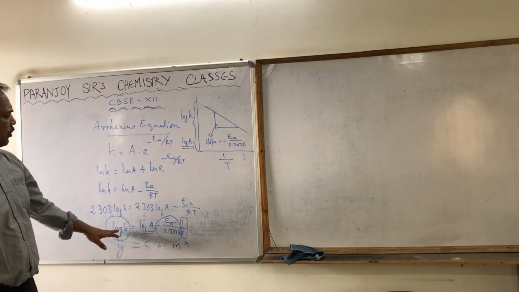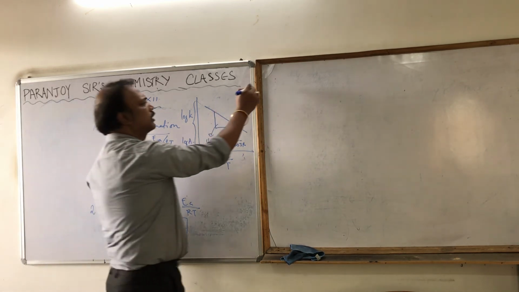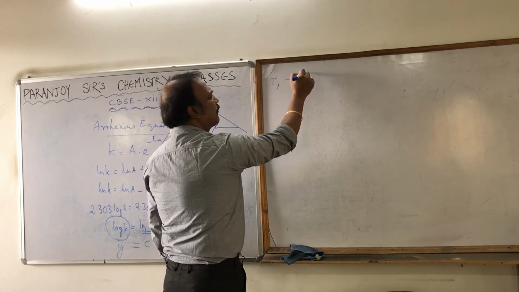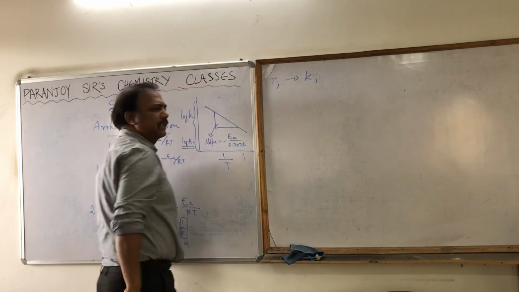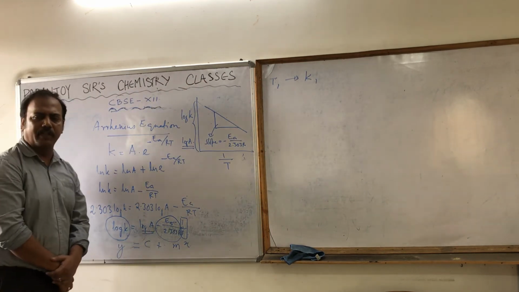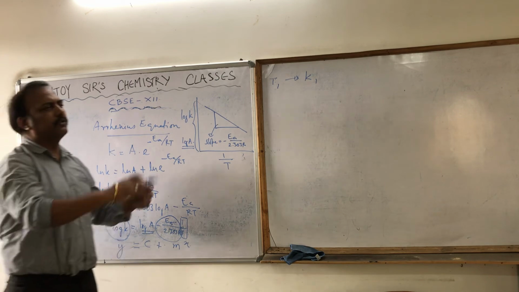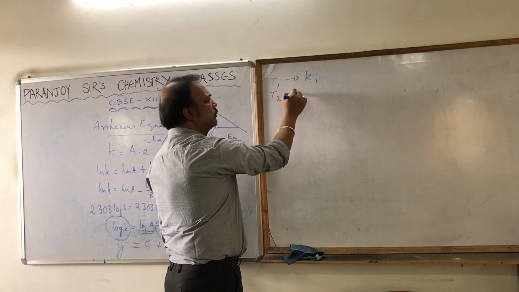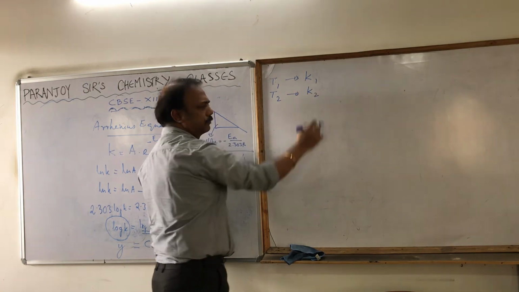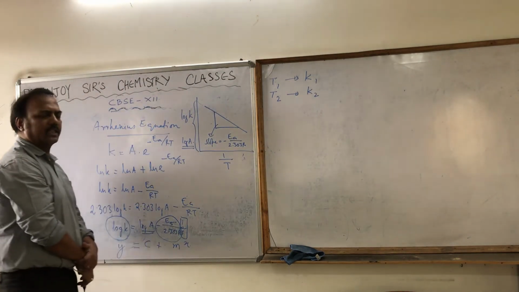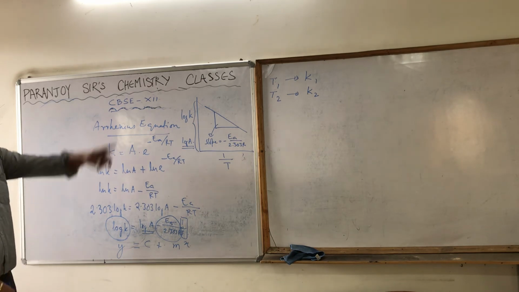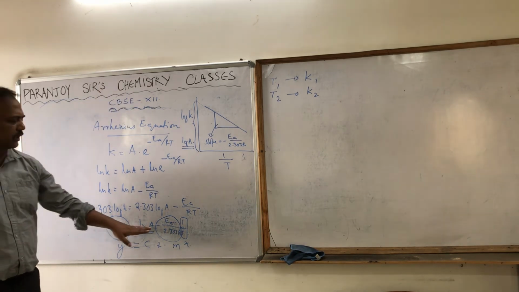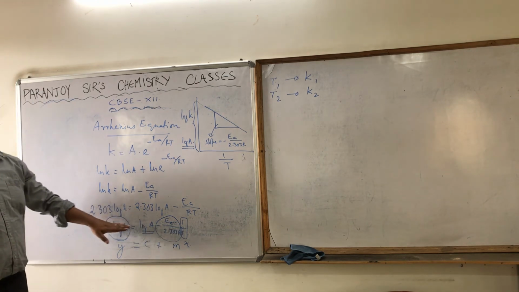So suppose at temperature T1, the value of the rate constant is K1, and we change the temperature to T2. The value of the rate constant is K2, for the same reaction. Now first condition, when T1 rate constant is K1, we will put in this equation, the Arrhenius equation final form.